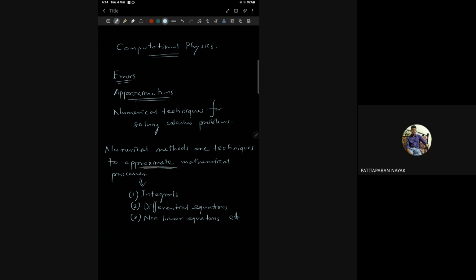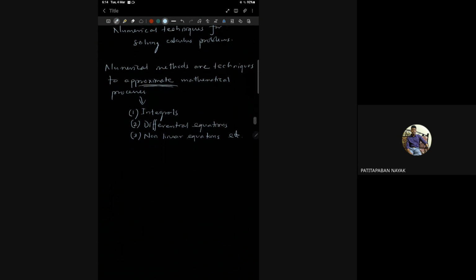So why are approximations needed? Why are approximations required?